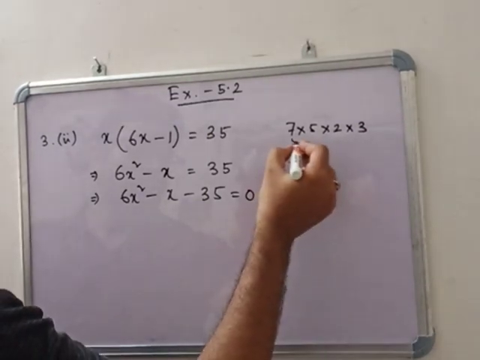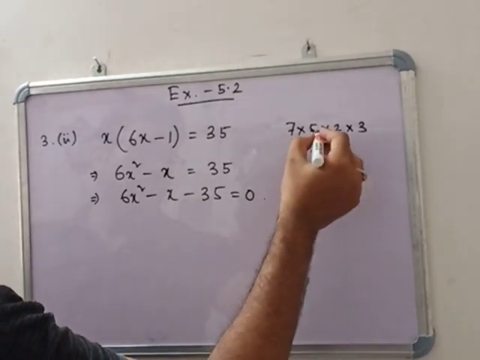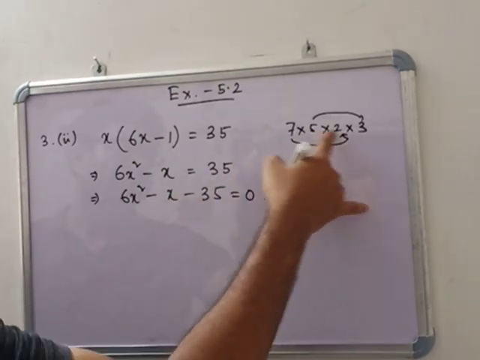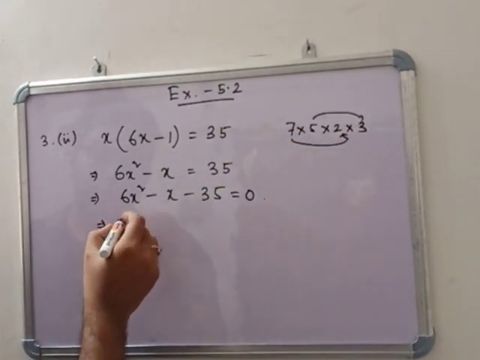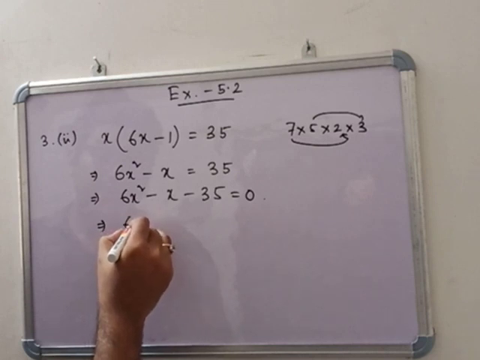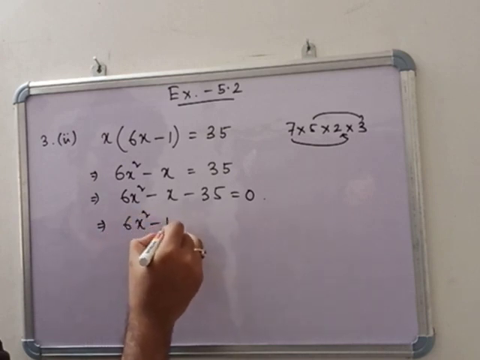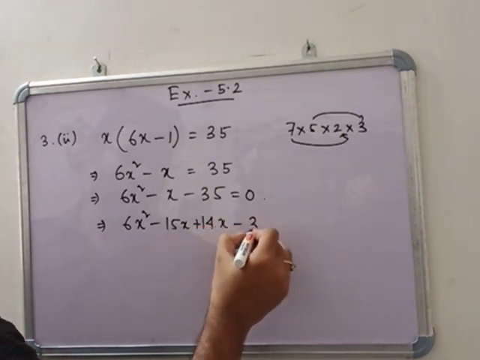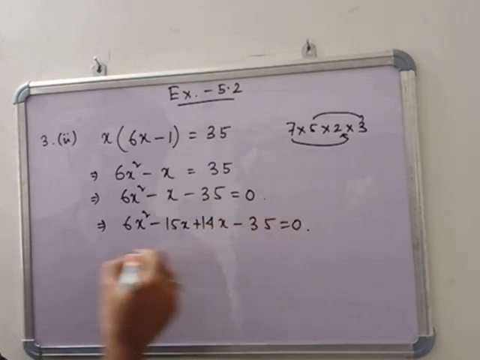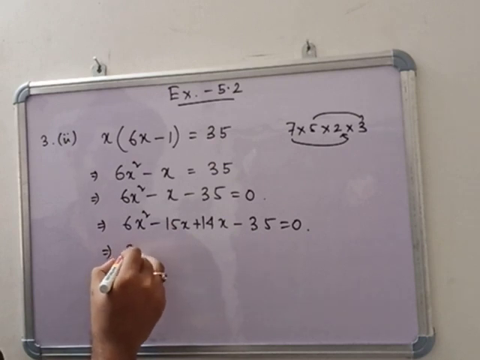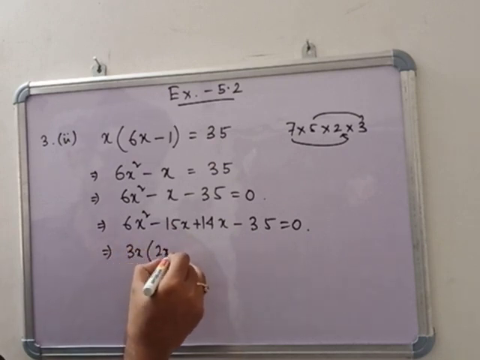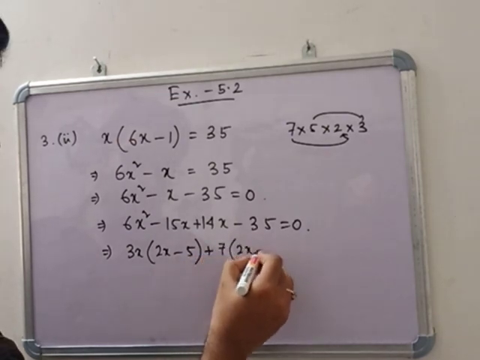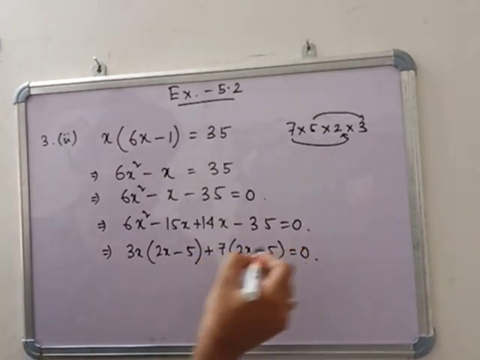If these are multiplied and these are multiplied, we get 1 here. So 14 and 15. So 6x square minus 15x plus 14x minus 35 equals 0. That means 3x common here, so 2x minus 5, plus 7 common, 2x minus 5 equals 0.